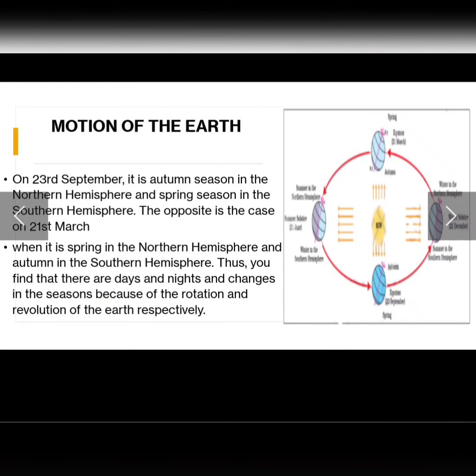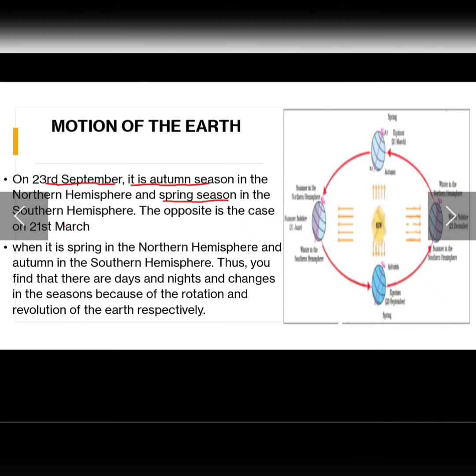Now talking about the autumn season. Okay, so on 23rd September we have equinox, and it is there in autumn season, because we know that winters will be coming in the northern hemisphere and spring will be there in the southern hemisphere. Okay, and the opposite will be there in the case of 21st March.